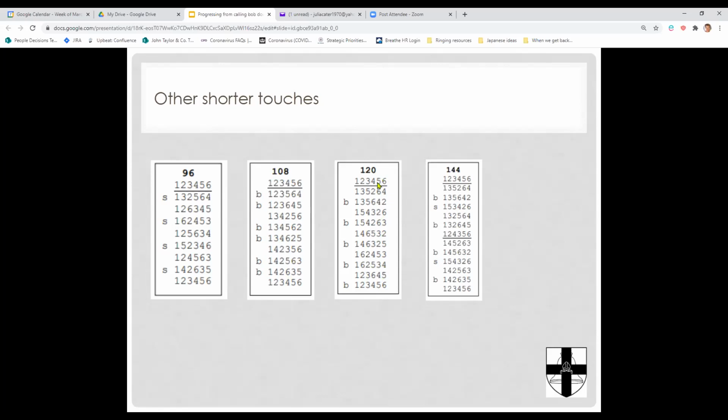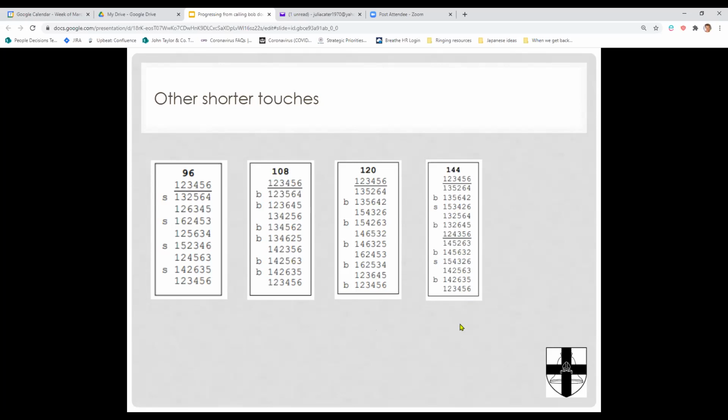If you remember, we noticed in the 60 was bob, plain, bob, plain, bob, plain, or the other way around. And here it is, the same concept in bob minor as well. And you can start to shove other bits of patterns in. Here's another pattern: plain bob single, plain bob plain, plain bob single, plain bob plain.